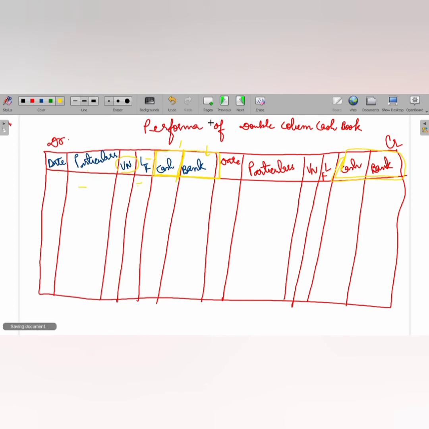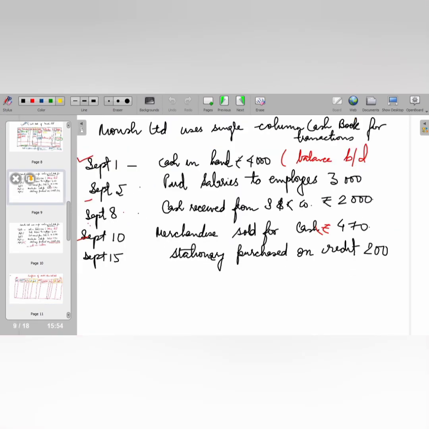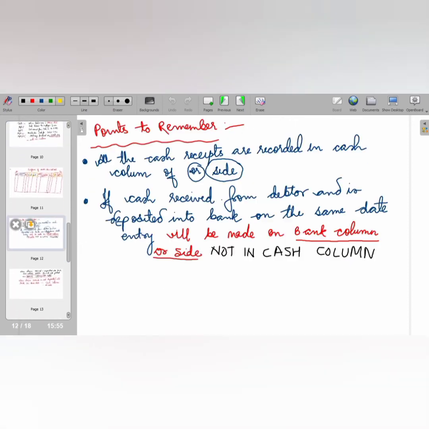Now we will understand the most important points, or you can say rules, about double column cash book. So now see, these are the points to remember.